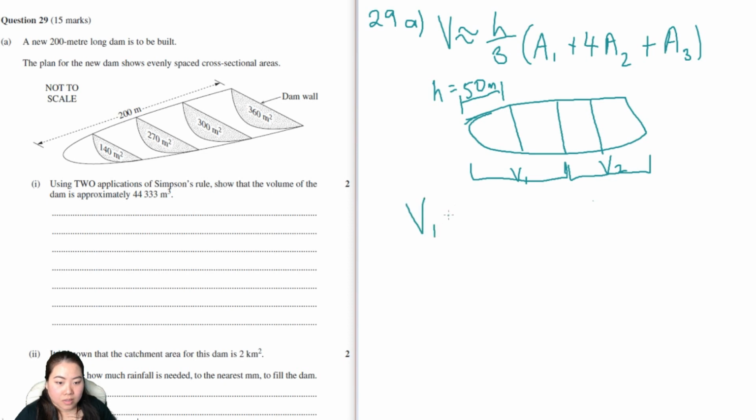So V1 is going to be approximately 50 on 3. The first area is actually 0 because that's the area over here, which is no area, 0. Plus 4 times the second area, which is 140.